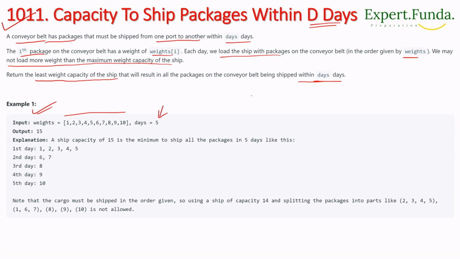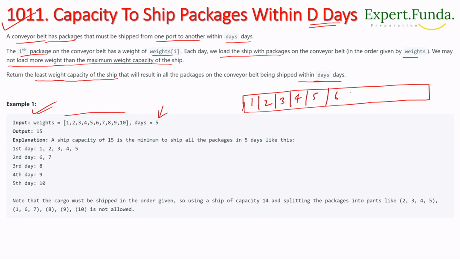Let's represent this in an array. We have 1 2 3 4 5 6 7 8 9 and 10, so 10 elements in the array. The indexes are 0 1 2 3 4 5 6 7 8 9.